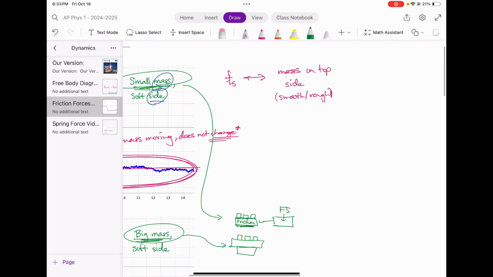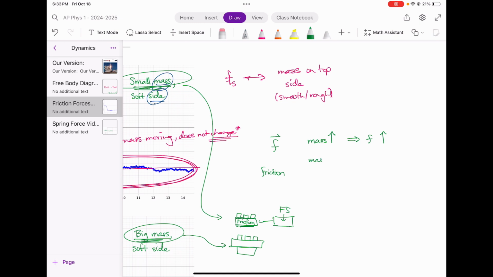So it seems like, just for friction in general, if we just call this F, it's friction, if the weight on top, the amount of mass goes up, then friction goes up.